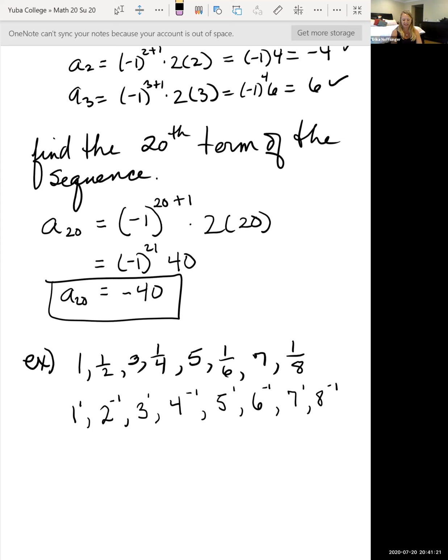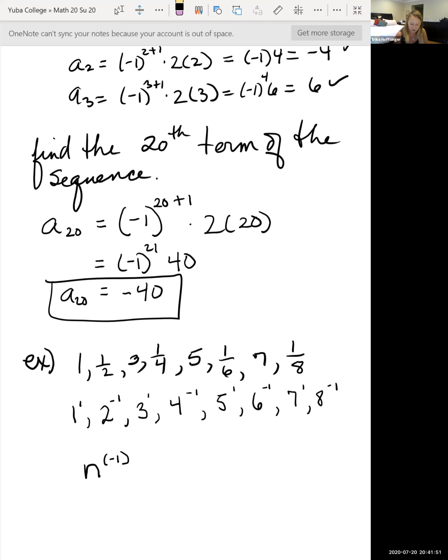So if we now think of it this way, notice it as our base, 1, 2, 3, 4, 5, 6, 7, 8. Well, we can just let that be n. So now we need to manipulate it so our exponents are bouncing back and forth between positive 1 and negative 1. And so if we let this be negative 1 raised to the, well, the first time we need it to be a positive 1.